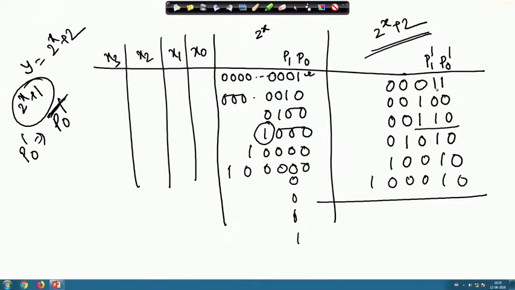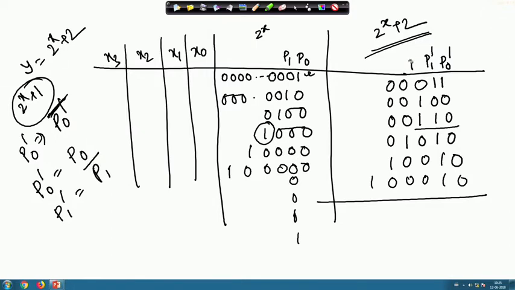Now here also you see this P1 dash is nothing but just the inversion of this particular position, which is P1. So for 2 to the power x plus 2, P0 dashed will be the same as P0, and P1 dashed will be P1 bar.